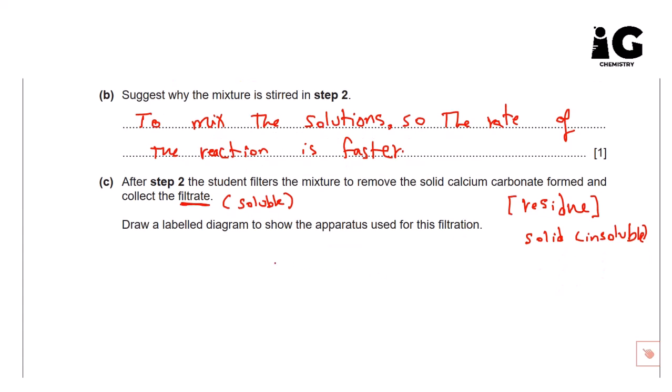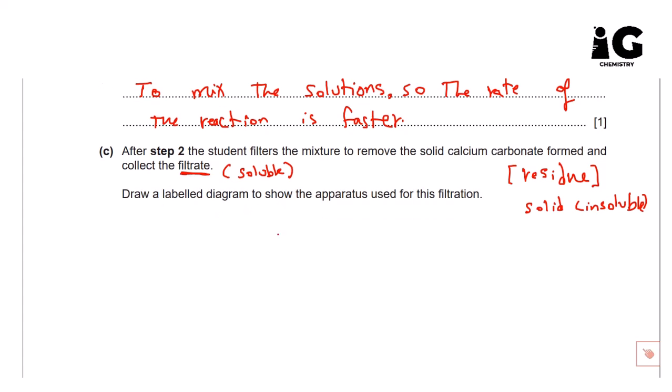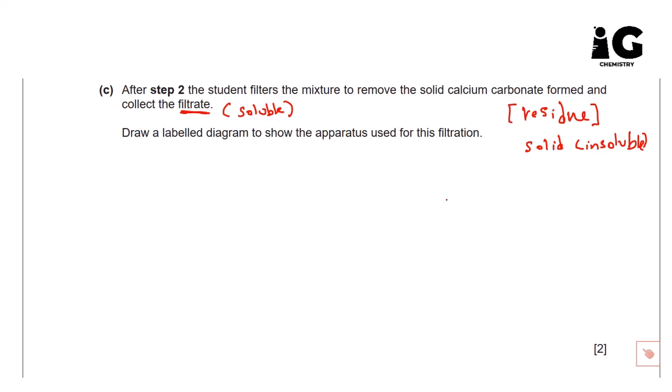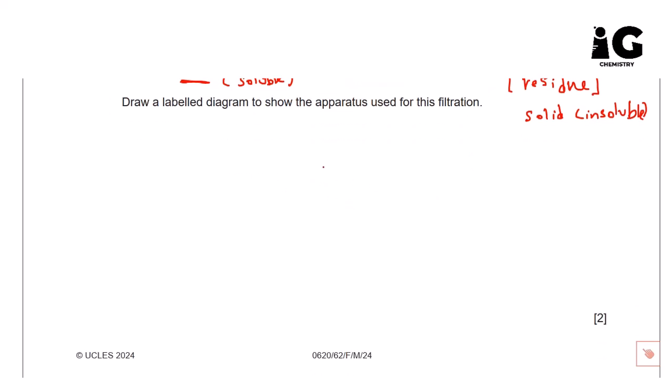Again, draw a labelled diagram to show the apparatus used for this filtration. I think this is a very easy drawing, but we can do it together. We start with the filter funnel.